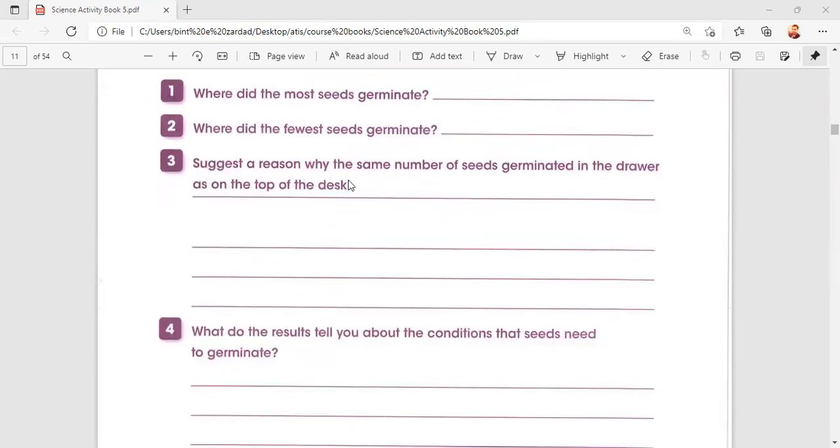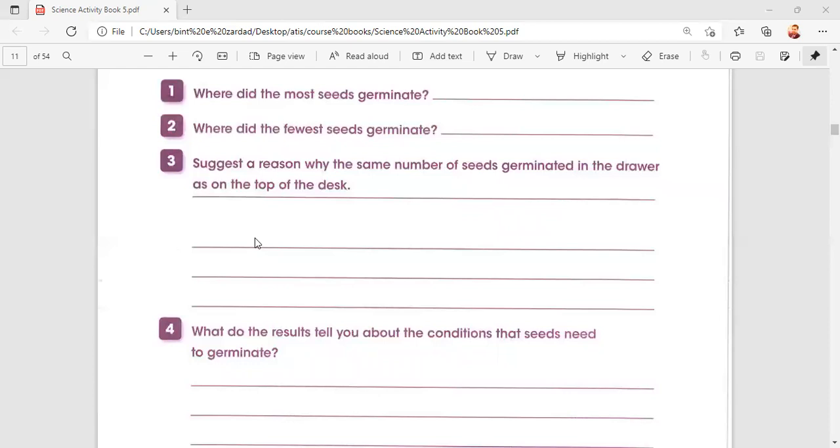Suggest a reason why the same number of seeds germinated in the drawer as on the top of the desk. Actually, it's a warmer place. You can say a warm place. Seeds need air, water, and a warm place to germinate. So on the table and in the drawer, both are warmer places, so seeds germinate easily.